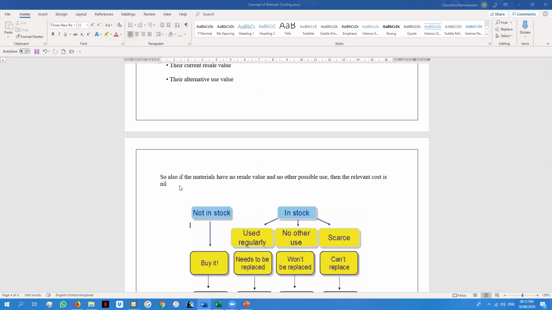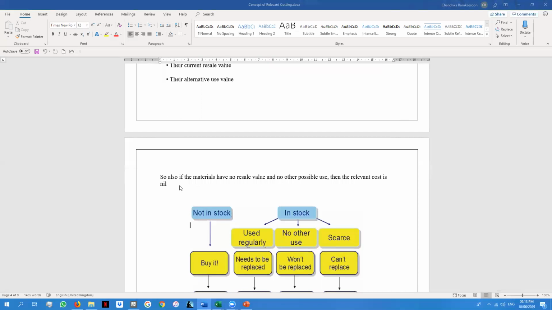Now, remember I said a minute or two ago that determining the relevant cost of materials really is the most complex of them all, meaning in relation to the other types of costs like labor and so forth, because there are so many variations. And also, this is another example of the confusion which may be caused by the fact that students naturally tend to think historic rather than relevant.